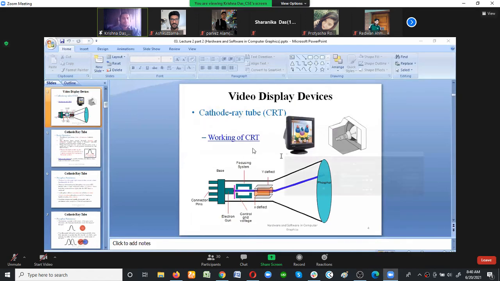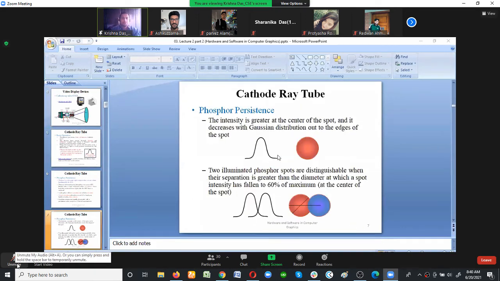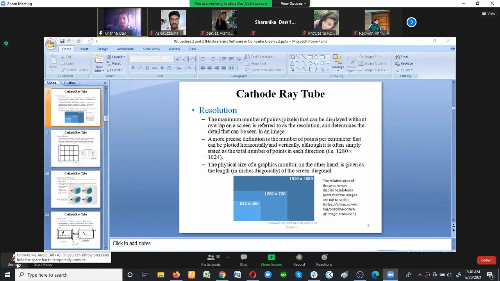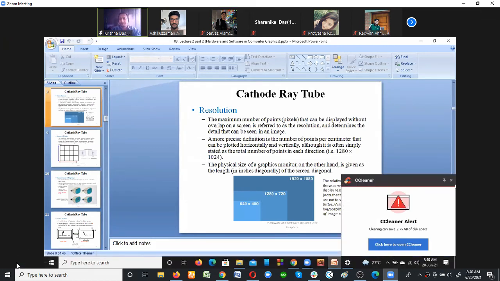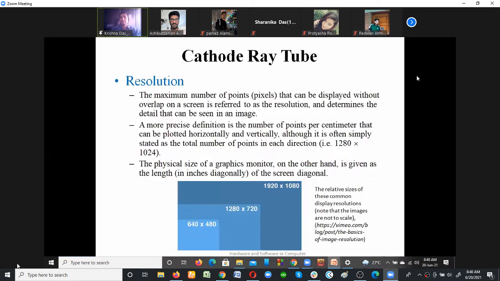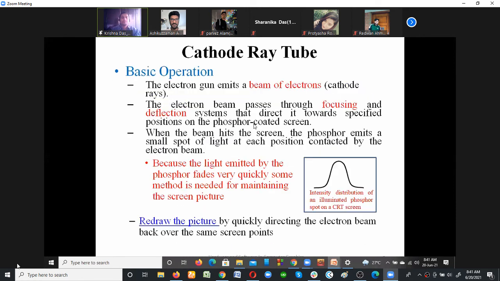What are the topics that we discussed yesterday? In our last class, we mostly discussed video display devices. From there, we learned the working of CRT, basic operation, resolution, aspect ratio, raster scan display, until we completed bitmap.